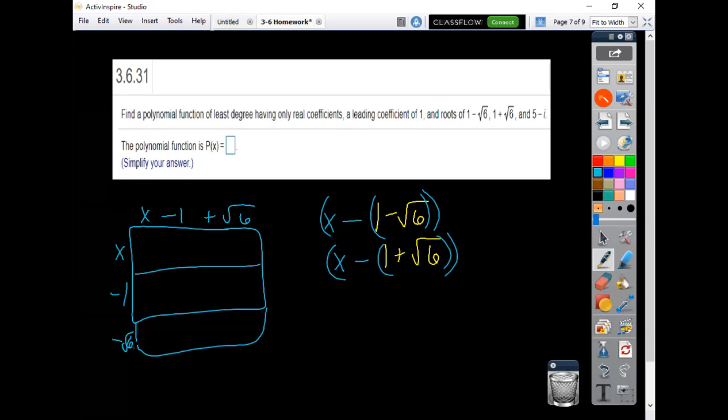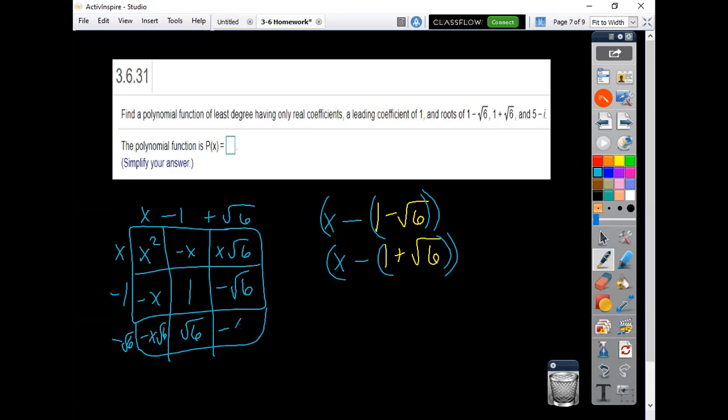That would give me x squared, a minus x, and x times the square root of 6, a negative x there, a positive 1 in there, a negative square root of 6 there, a negative x square root of 6, a positive square root of 6, negative times negative, and this will be a minus 6 right there.